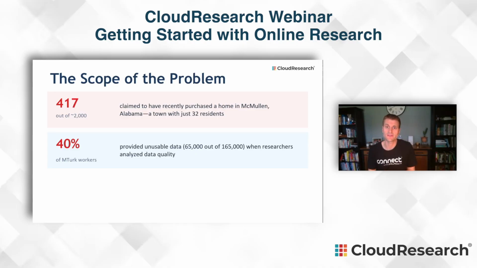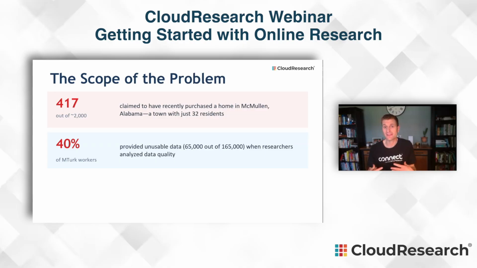And those surveys were really focused on measuring data quality, finding out who provides reliable quality responses and who provides low quality data, failing the kinds of questions that I just gave you an example of. What we found after vetting those participants for over a year was that 65,000 out of the 165,000 people that we surveyed provided unusable or low quality data.